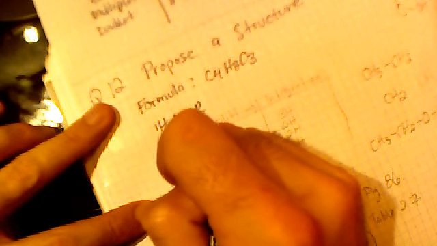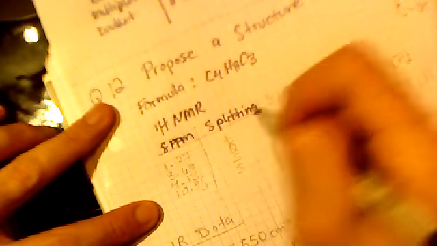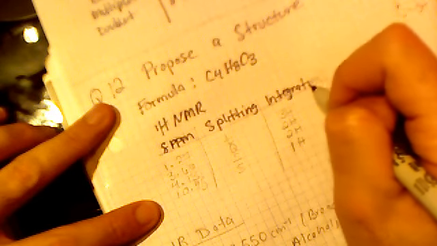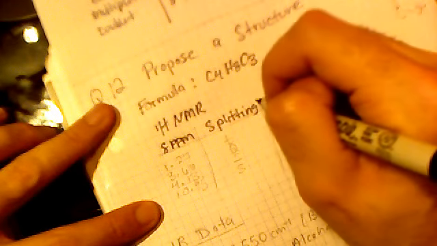And then they give us hydrogen proton NMR data. So they give us the chemical shift in parts per million, the splitting, and the integration, which is the number of hydrogens in each signal.